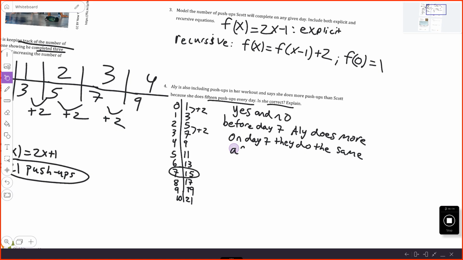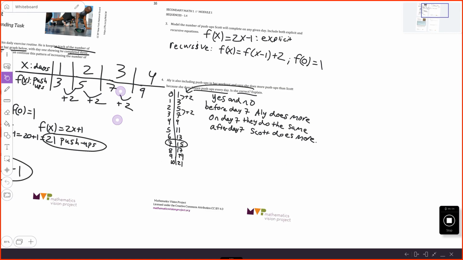And then after day 7, Scott does more. Right? Because the pattern continues. He's not just doing 15. He's adding on each day. So that one's a yes and no based on my table. So explain. I showed the work. Showing the work is explaining. So that's our review of arithmetic function.